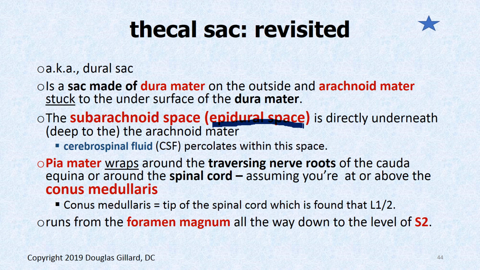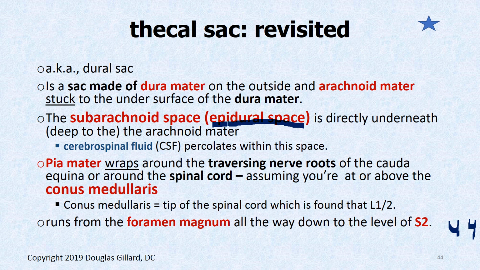Let me think about that. That's not actually right, is it? Epidural space is outside of the dura mater. That would be the intrathecal or intradural space if it's inside. So I need to fix that, slide 44. Try to remember that. But we'll just call it subarachnoid space.